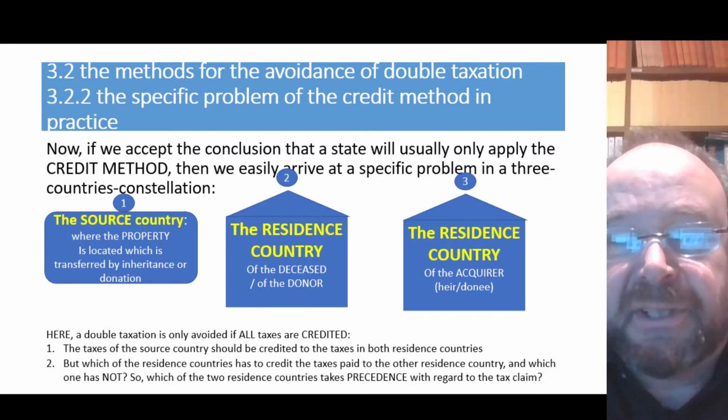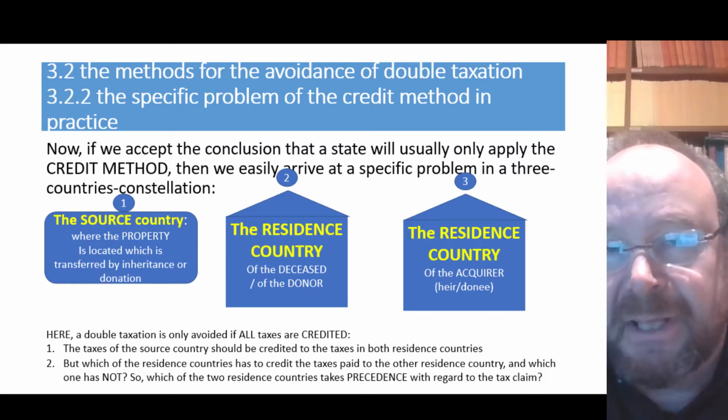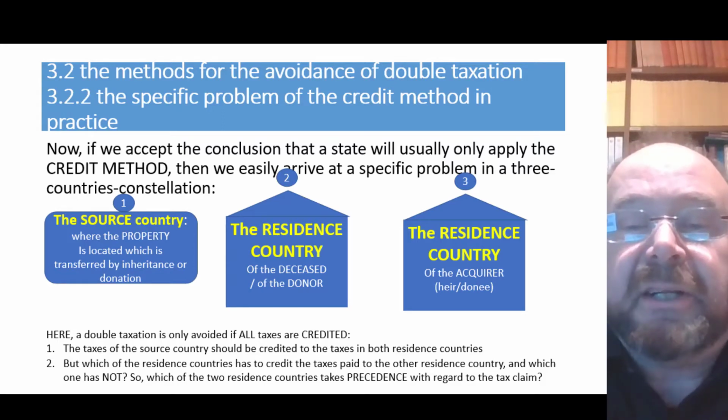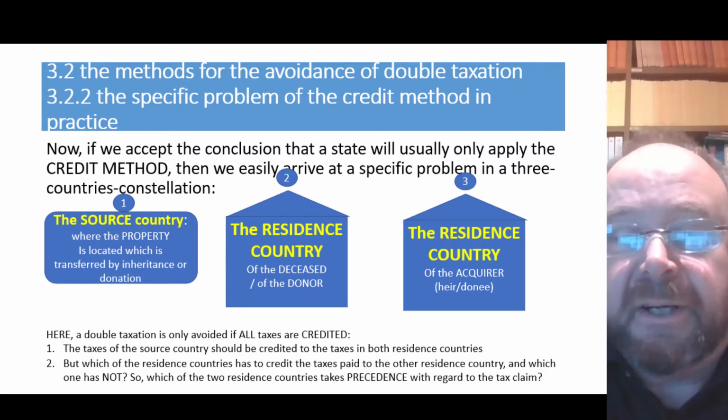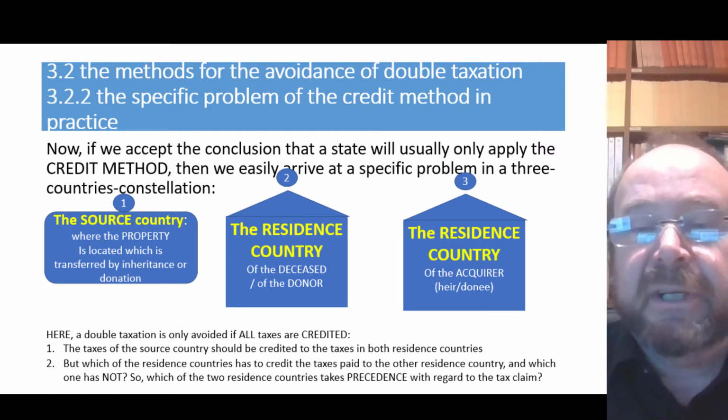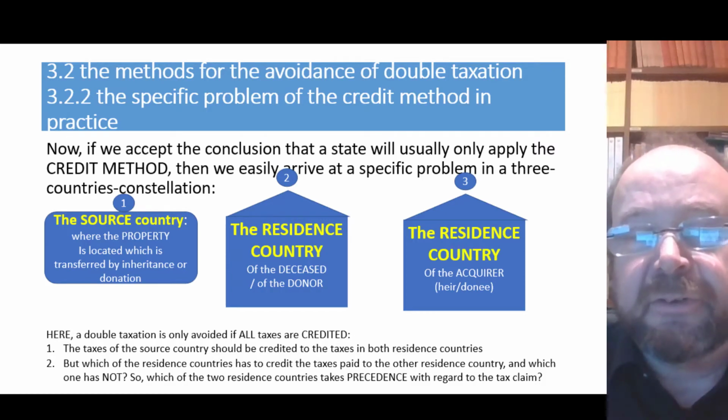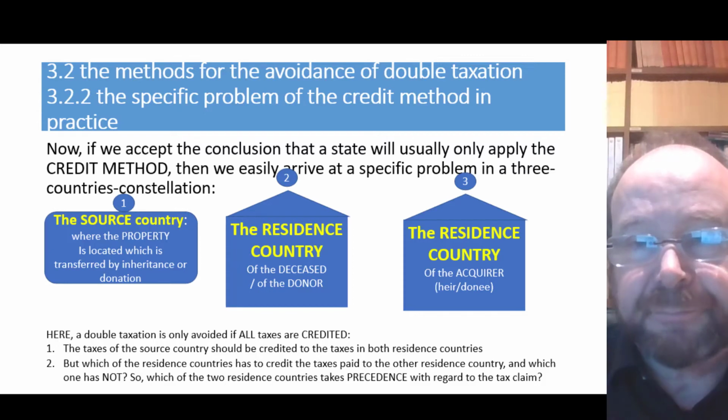And now there's a question, which country should get prevalence? Does the country of the deceased credit the tax demanded by the country of the acquirer, or the other way around? Which country should get precedence?